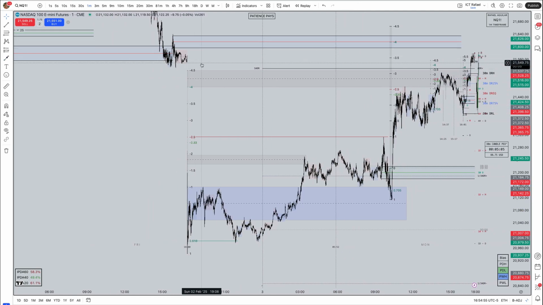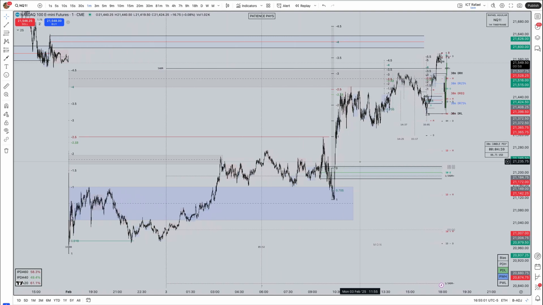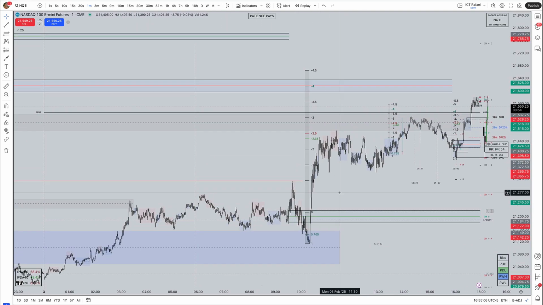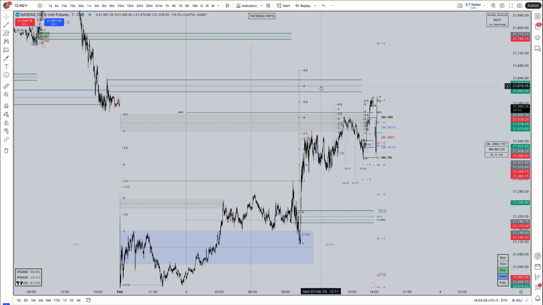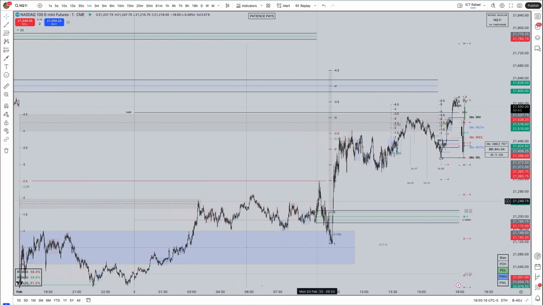Price just filled the opening gap from Sunday, and we are here right now. But I want to see price, for this PM projection, for this 10 AM projection, we didn't get the -4 standard deviation yet, so I want to see price at least to -4 or -4.5 using the 10 AM projection.